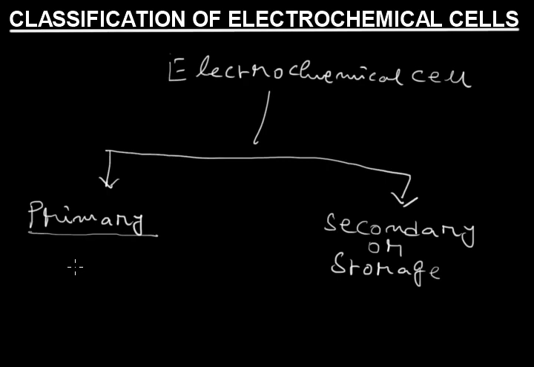The cell which produces electrical energy by means of chemical energy is called a primary cell.